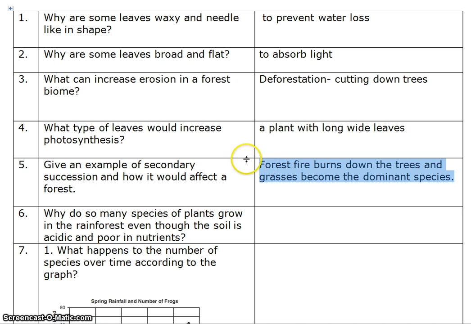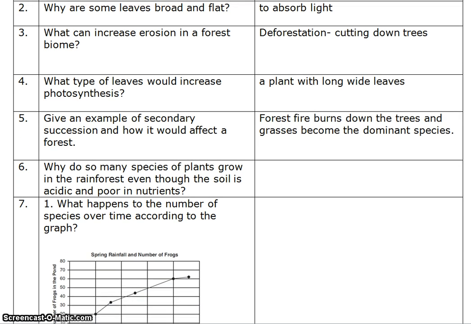It might be where a forest fire burns down the trees, then the grasses become the dominant species for a while. The grass is kind of like the pioneer species, and then the shrubs and saplings start growing, and it might take years and years to get back to the climax community.